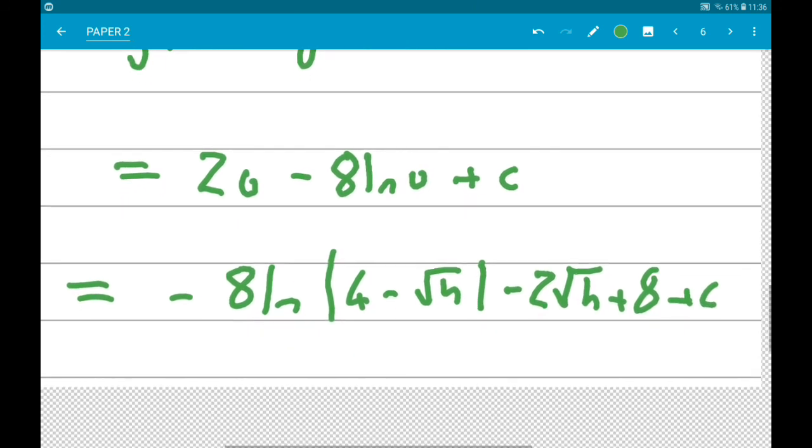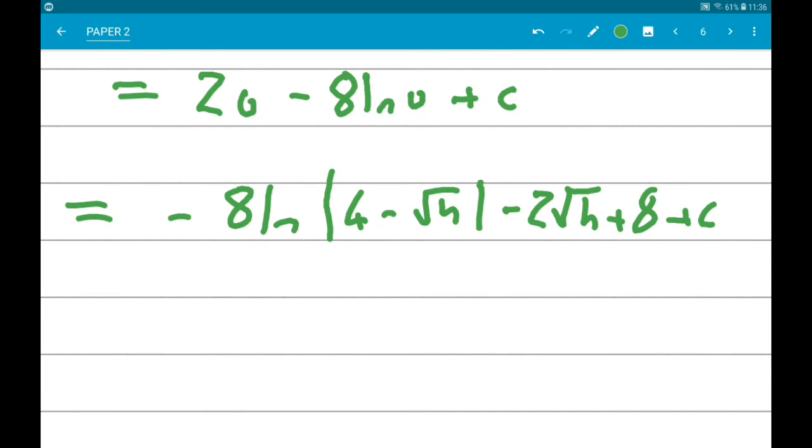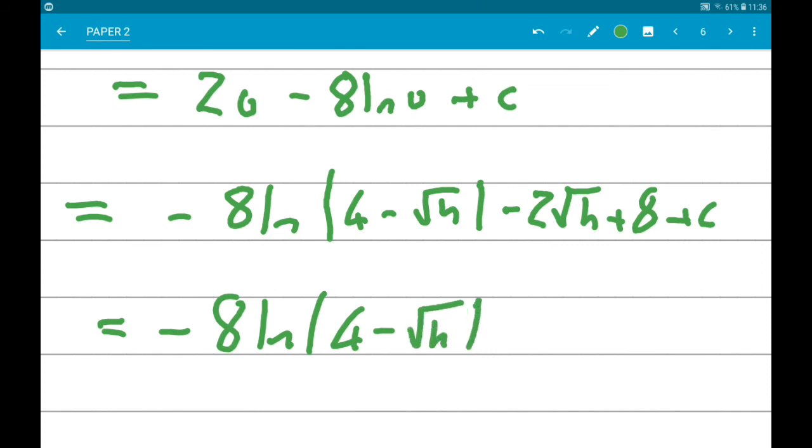Now, 8 and c are both constant, so they can absorb into each other and become one constant k. So, finally, we do have minus 8 log mod 4 minus root h minus 2 root h add k.